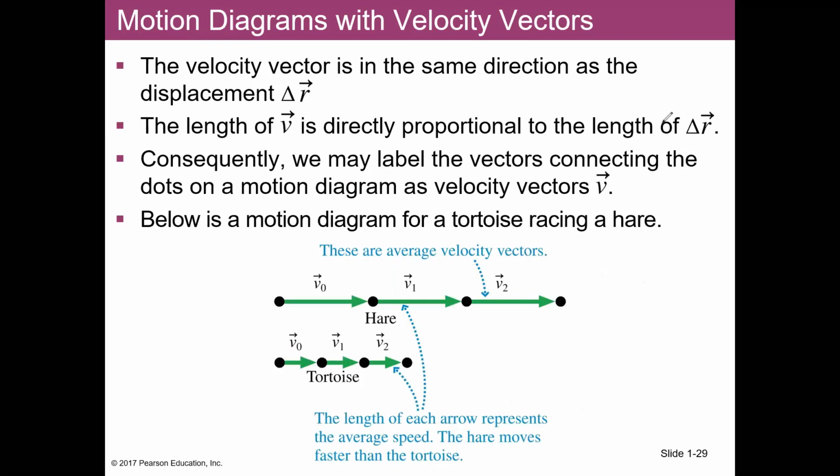We include velocity vectors into the complete motion diagram by connecting the dots with these little arrows. Those arrows technically are displacement vectors because it's from one position to the next, but it's scaled by unit time, and it's a tool to help us understand. So it's technically displacement, but we're going to call it velocity, like displacement scaled by some unit time.